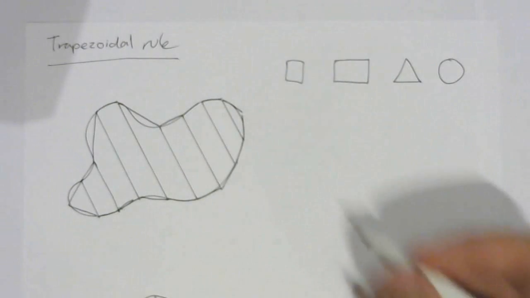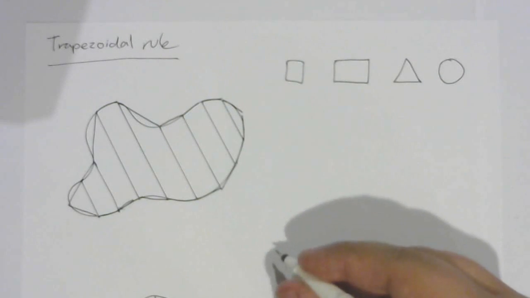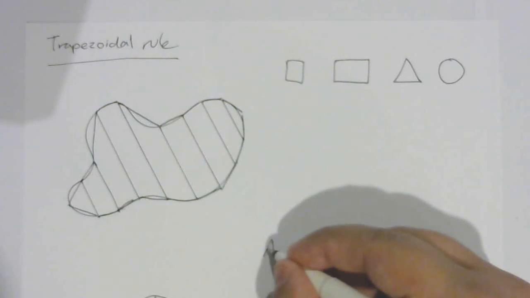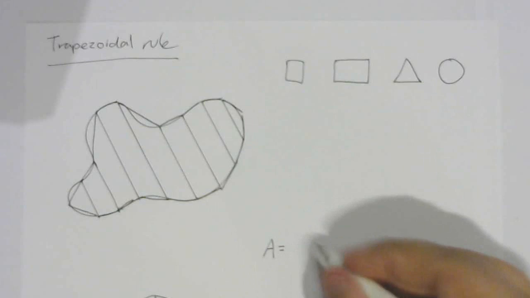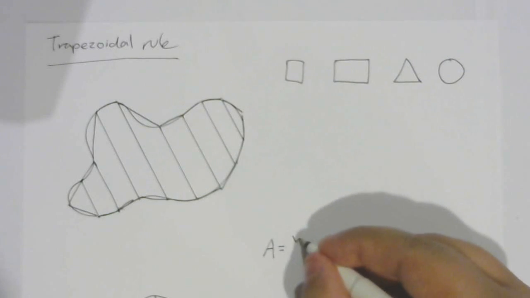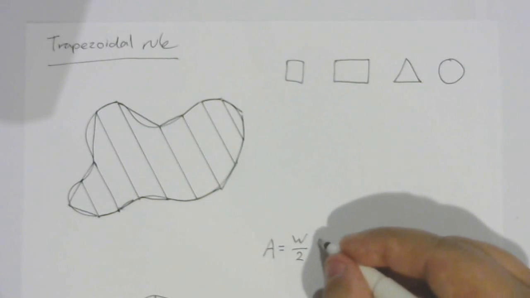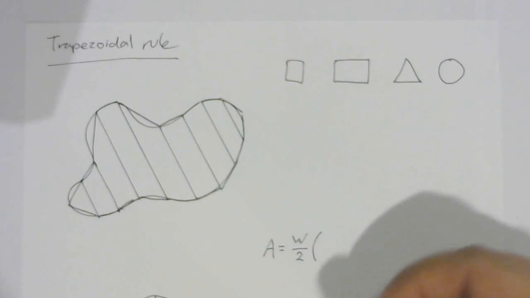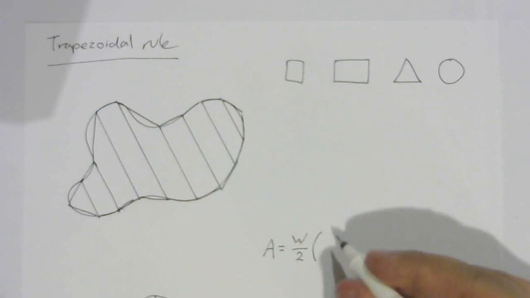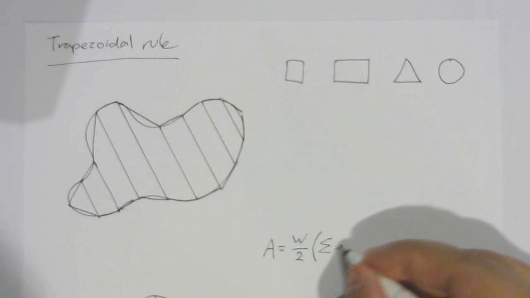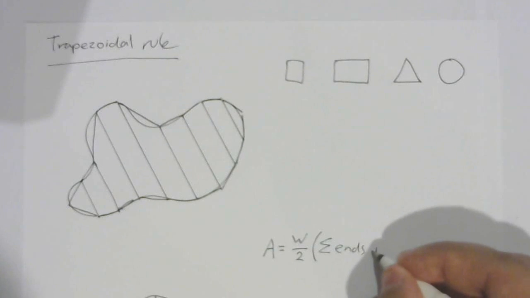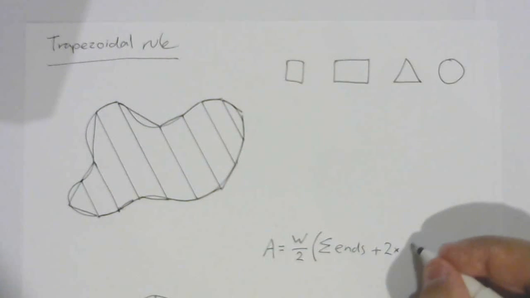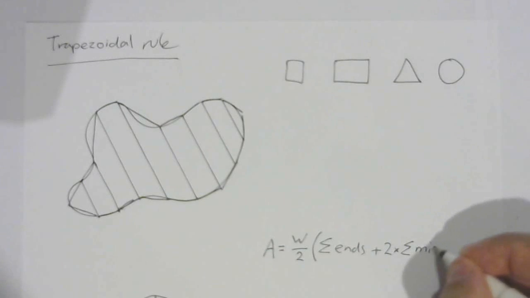And this ultimately leads to the trapezoidal rule, which says that the area is approximately W divided by 2, the width of the shape divided by 2, open bracket, sum of the ends plus 2 times sum of the middles.